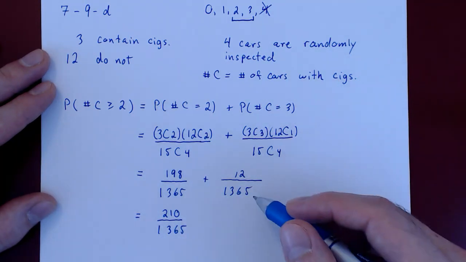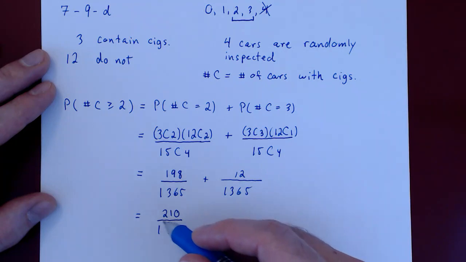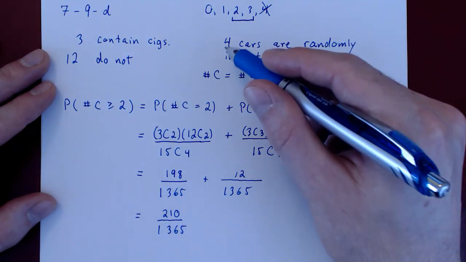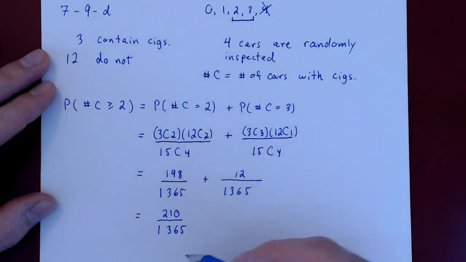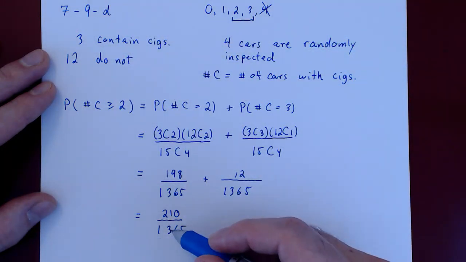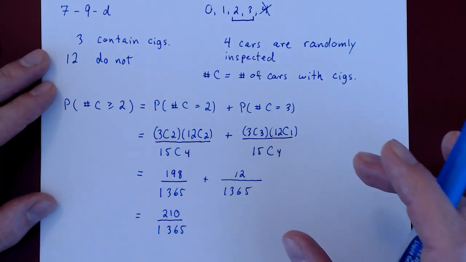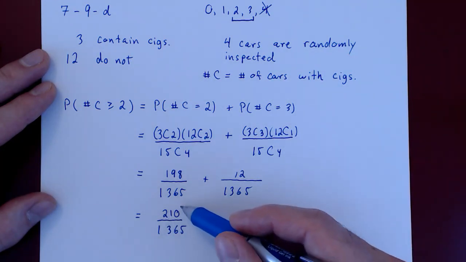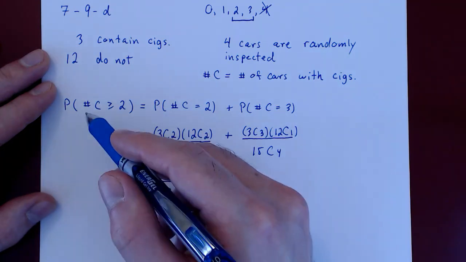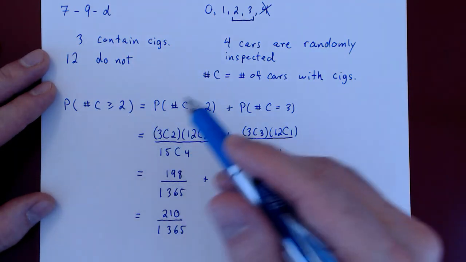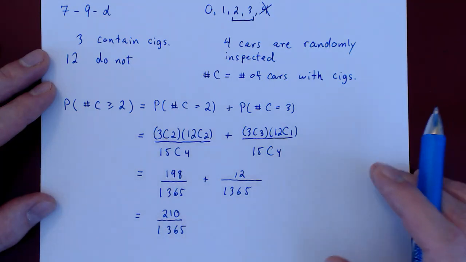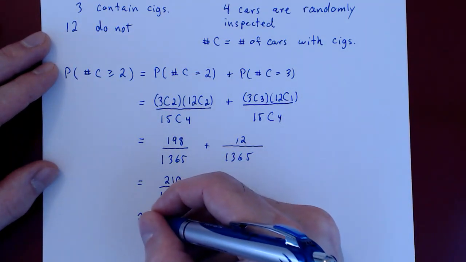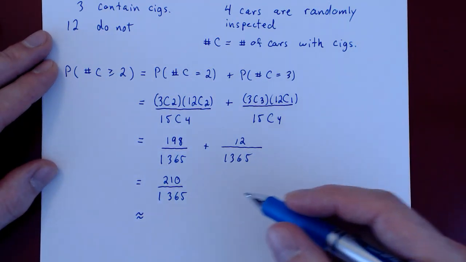So out of a total number of possible ways of choosing 4 cars out of 15, that's 1,365 different possible 4-car selections, 210 will be such that at least 2 of the cars out of the 4 contain cigarettes. To get a more intuitive feel for this, we can use our calculator to get a decimal answer.